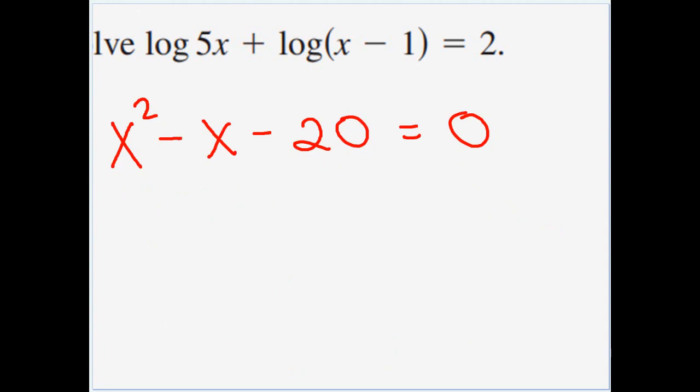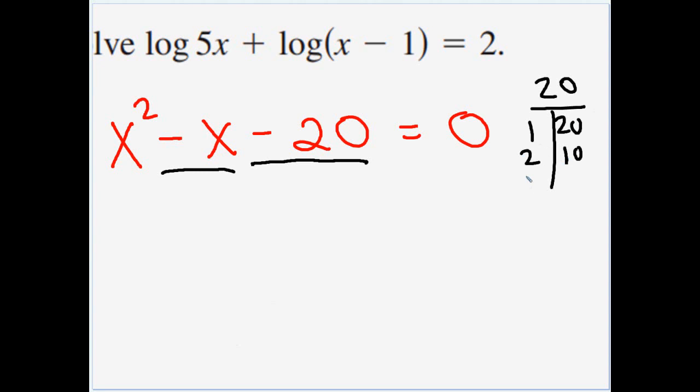Okay. We need two numbers that multiply to negative 20 and add up to negative 1. Of course, 20 is 1 times 20, 2 times 10, 4 times 5. Because it's minus minus, we know the signs will be different. We do want two numbers that are only 1 apart on the number line, and that's 4 and 5.